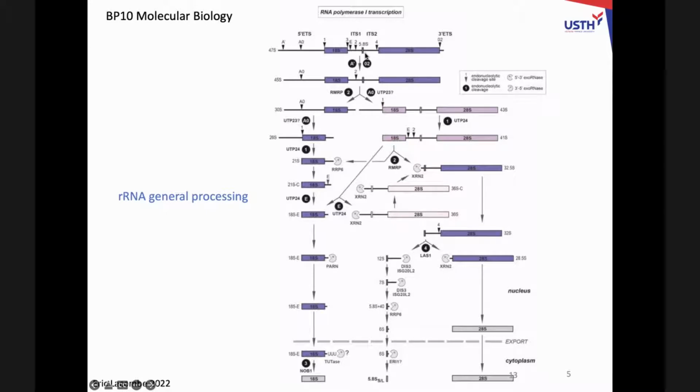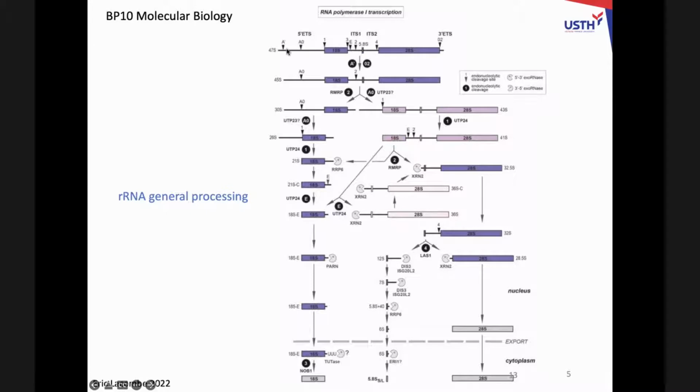But what you have to keep in mind, and we will come back on the processing of RNA later on, is that the processing of this pre-rRNA involves different steps, which are endonucleolytic cleavage. All the little black arrows are the positions where the precursor RNA can be cut. So you see it can be cut in plenty of different positions.